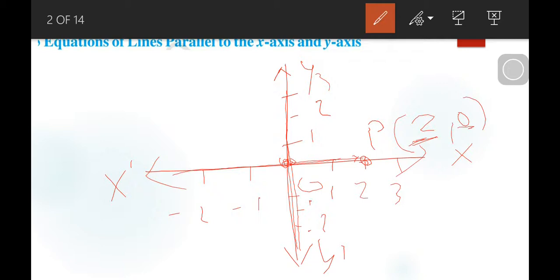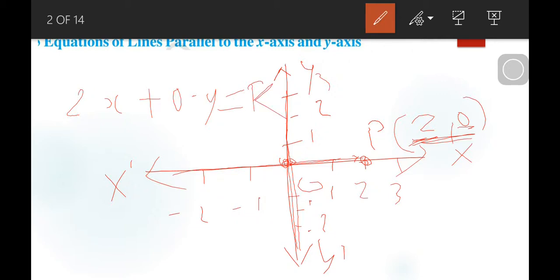Let us take one more point. If you want to find the algebraic expression or linear equation for this point, then we get 2x plus 0y is equal to some value.